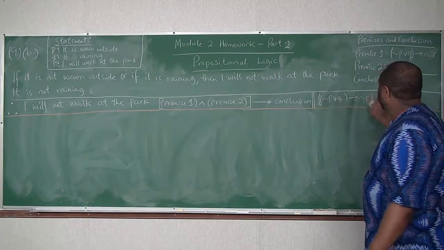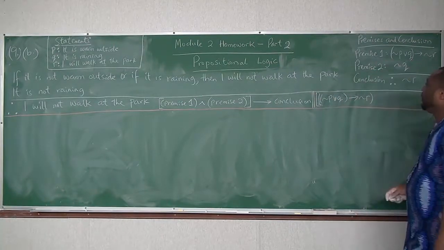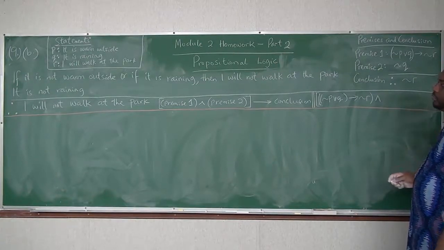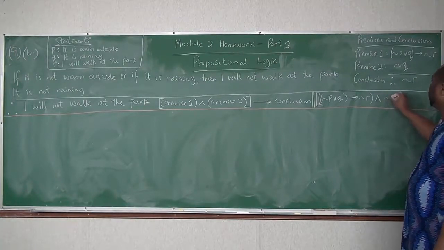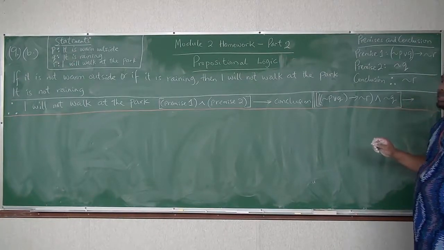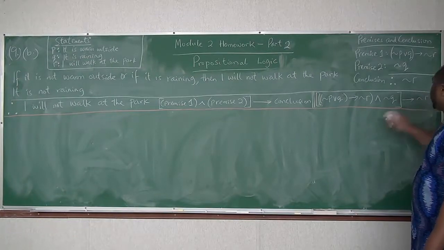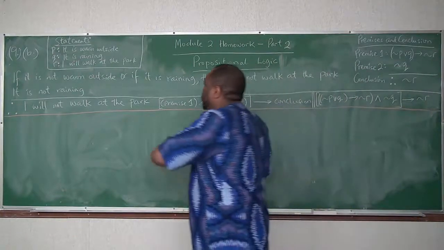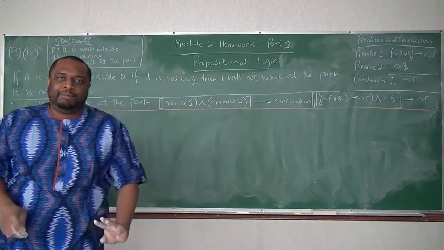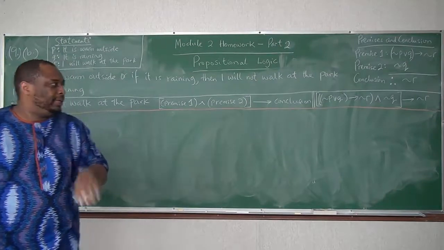This is our premise 1. And premise 2 is not Q, then implies not R. So we have 3 statements, and with 3 statements we have 8 possibilities.